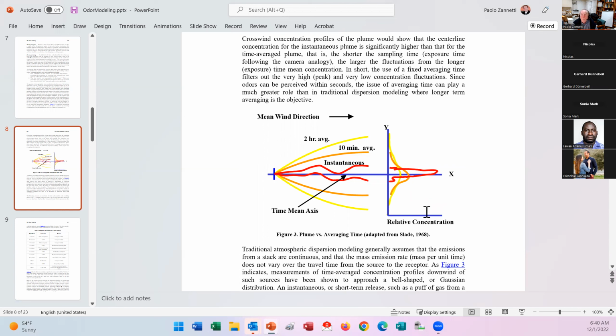But with odor problems, we are not dealing with average concentration. Odor is an instantaneous sensation. So the concentrations that are important are not the 1 hour average. They are the instantaneous or maybe 5-minute average. We have to go down to 1 minute, 2 minutes to represent what is really the odor impact.